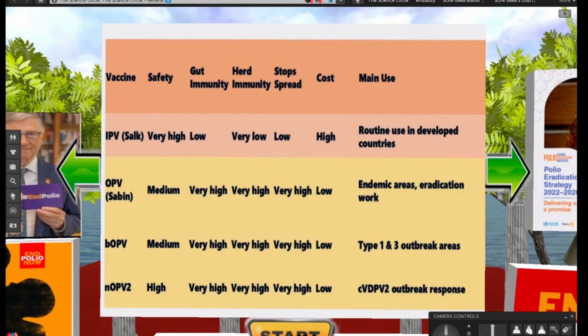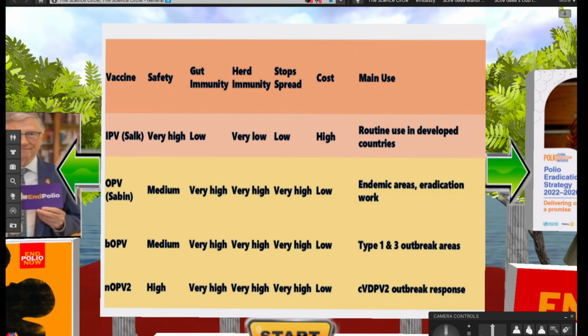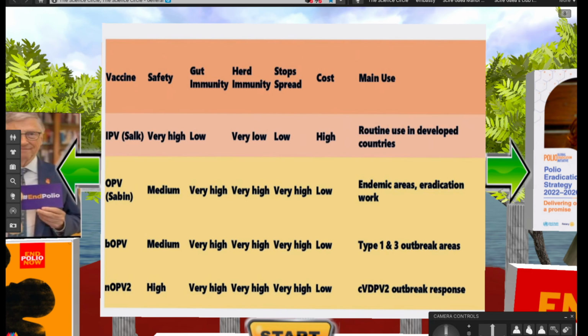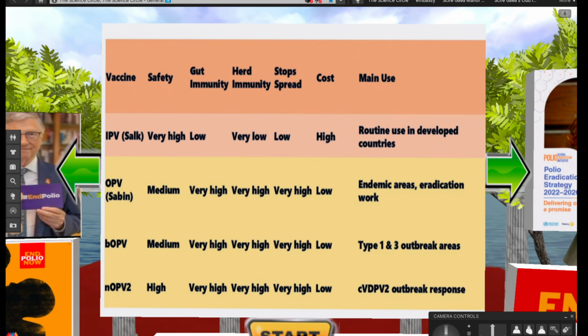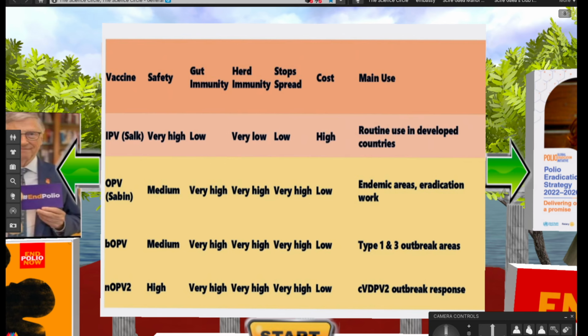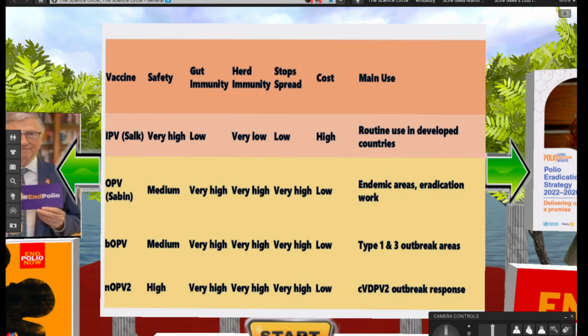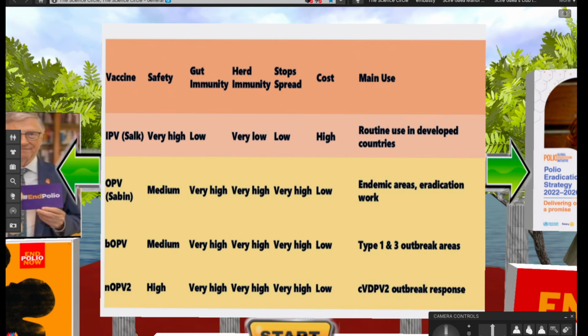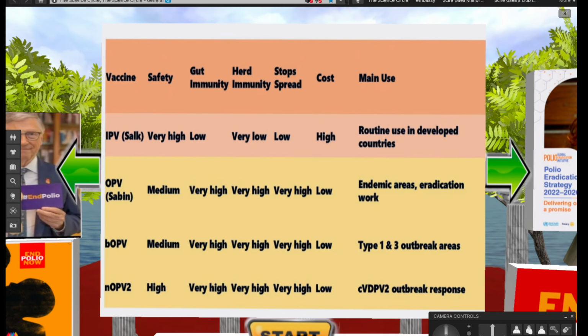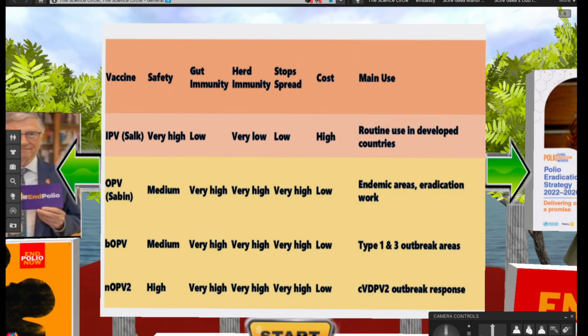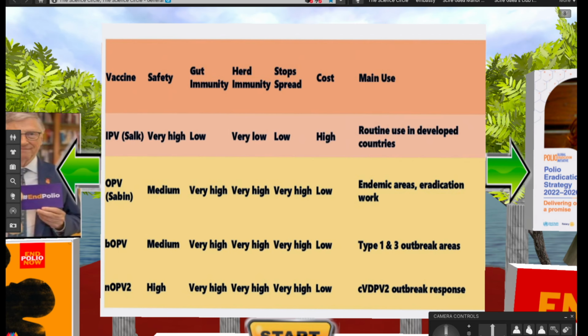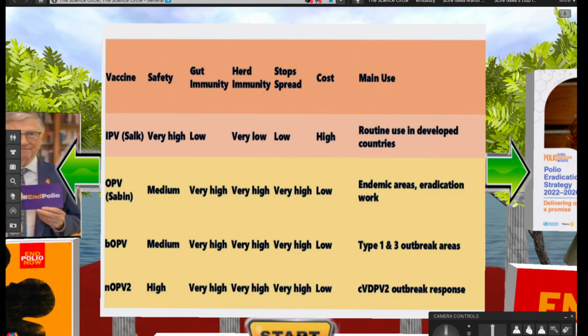Next, the oral poliovirus vaccine, OPV, or Sabin vaccine. OPV uses a weakened live virus and is taken orally. It provides strong intestinal immunity, making it highly effective at stopping transmission and strengthening herd immunity. Its drawback is that, in rare cases, the weakened virus can revert and cause vaccine-derived poliovirus.